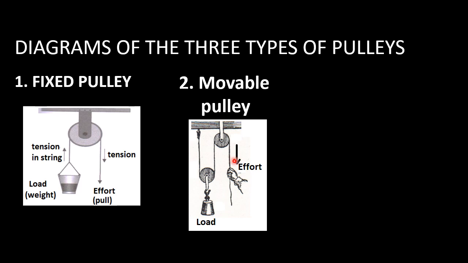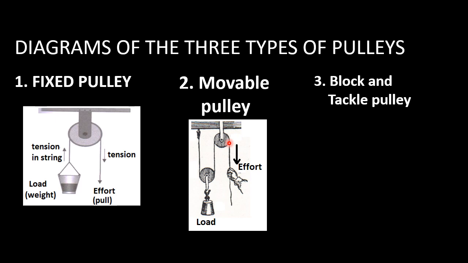So pull here, it will cause this one to move up. The pulley is going to move up so that the load is lifted up as well. Because it consists of movable parts, this is called movable pulley.